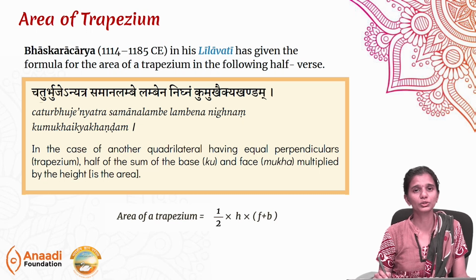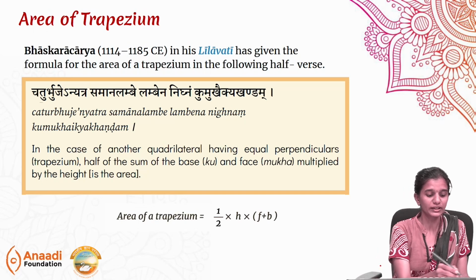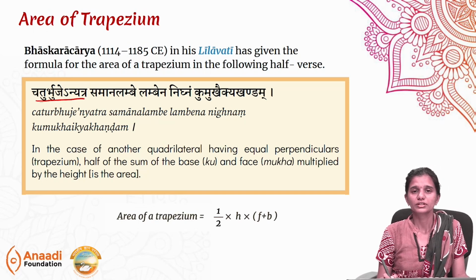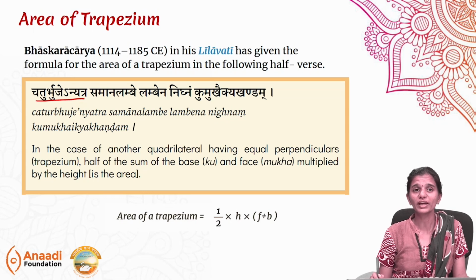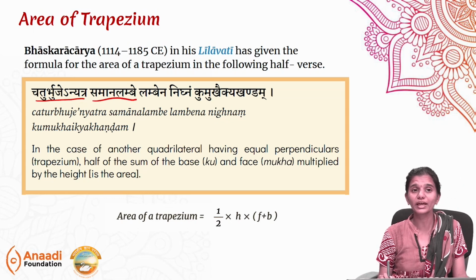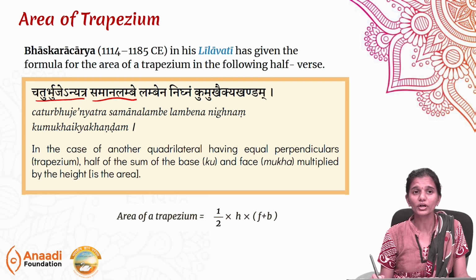There is another quadrilateral, that is Anyatra Chaturbhuje, which is where there is Samana Lamba, that is same height, that is two sides are parallel. Such a figure is an isosceles trapezium. What is its area?